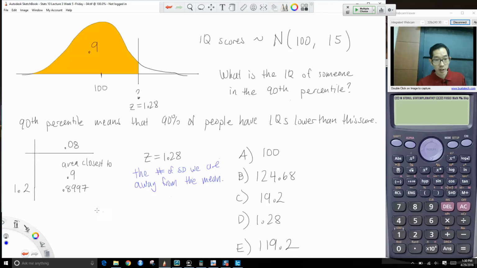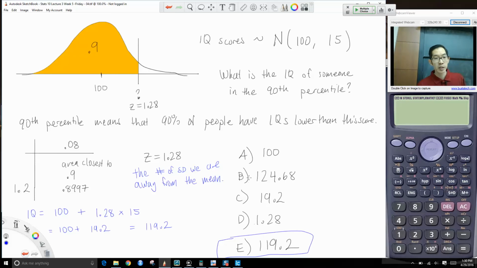So the mean is 100, and this person is 1.28 standard deviations above it. So we're going to do 1.28 times the standard deviation of 15. This turns out to be 100 plus 19.2. And so we get the IQ as 119.2. Okay? And that's going to be our answer right here.